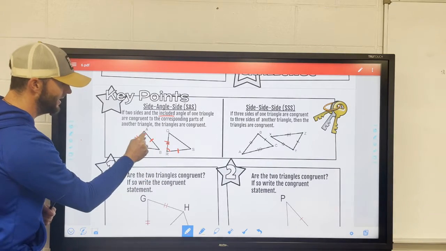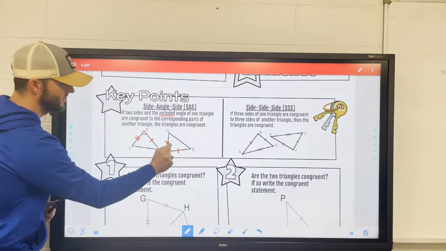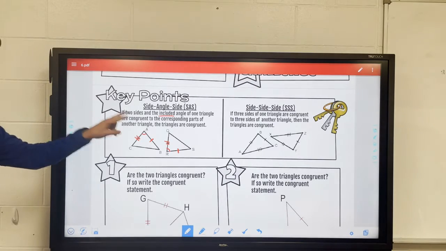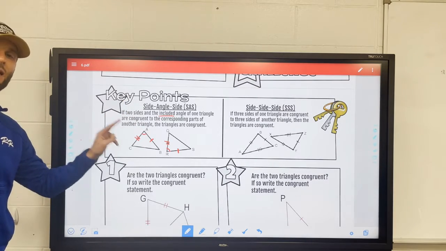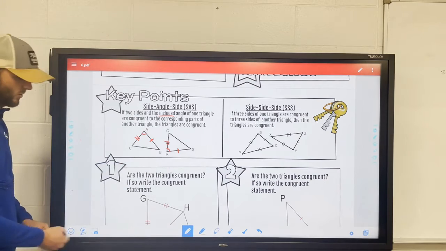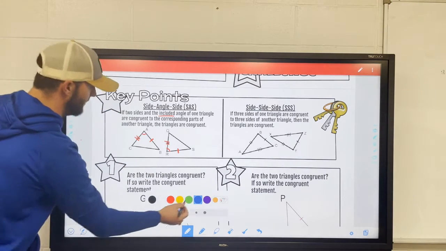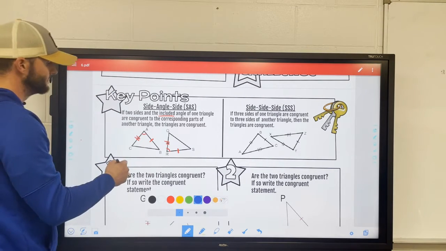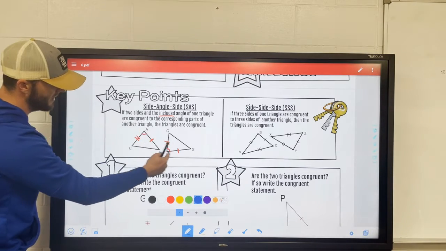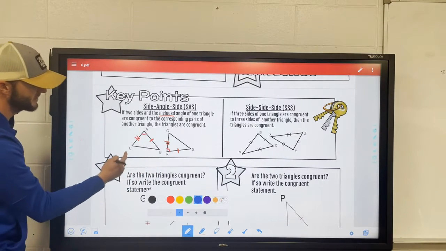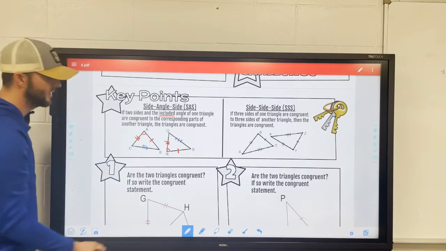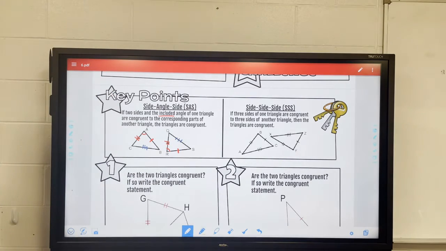So side, angle, side, side, angle, side. So since these two are congruent by side, angle, side, that means everything in the triangle is now congruent. So the way we can put this is AC and QR are congruent, so AB and RS are congruent. So that means CB and QS are congruent because the two triangles are congruent by side, angle, side.